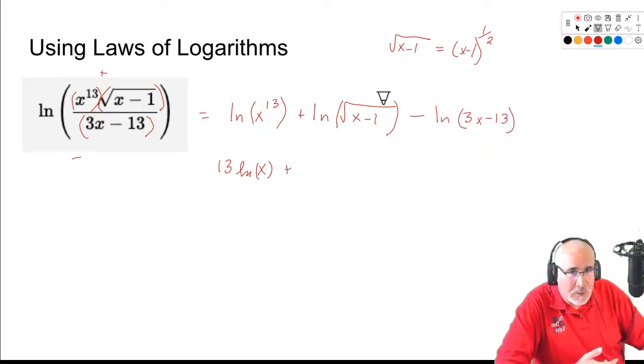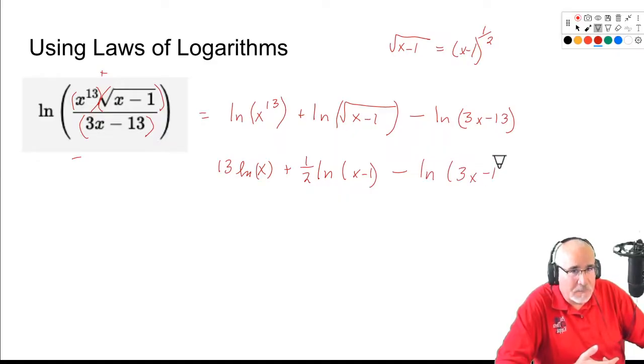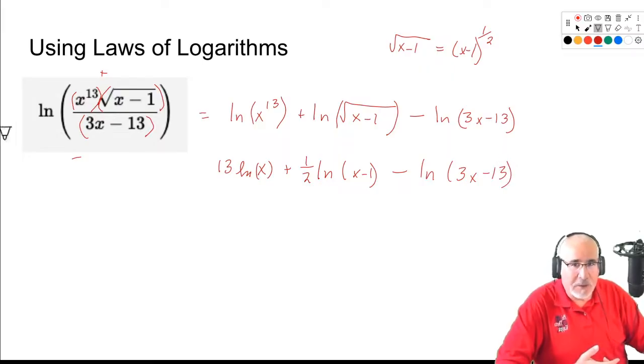The square root is going to become a 1/2 in front here, and then we get the natural log of, now that the square root is gone, x minus 1. And this one has no exponent. It has a 1, so you can bring the 1 in front, but that doesn't change anything. Natural log of 3x minus 13. So that is an example of taking a logarithm and expanding it out.